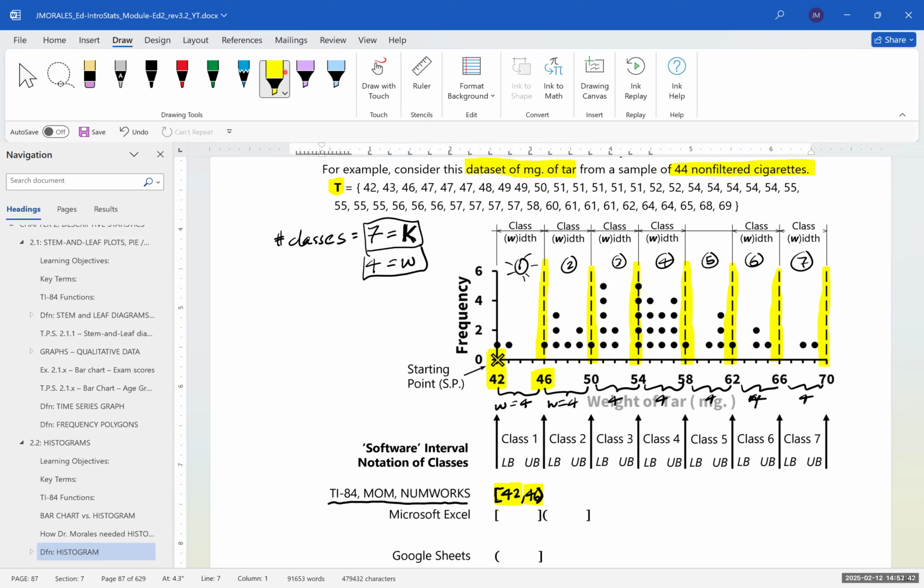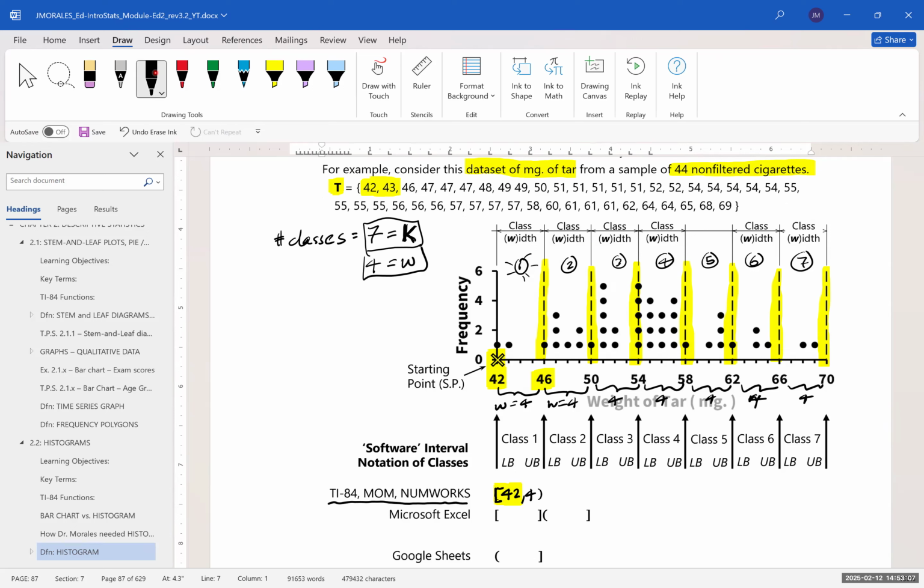So let's look back up here at our datums in the data set. 42 would be included in that first class, as well as 43. Now we have a 46, but remember, 46 is excluded because of this right parentheses.